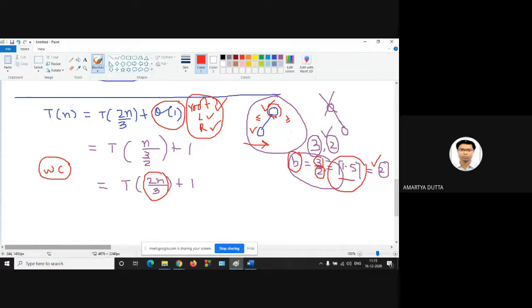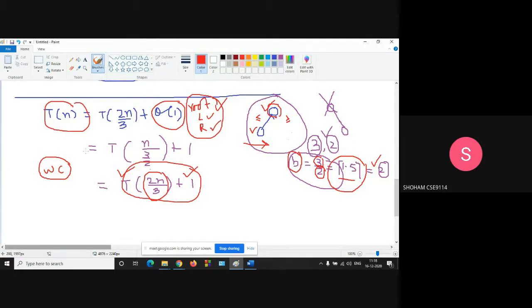So your Tn is T of 2n by 3 plus order of 1. So 1 is the function which establishes the relationship between left and right. So it takes order of constant time, and a into T of n by b, here a is 1 and b value is 3 by 2. So that's why 2n by 3.